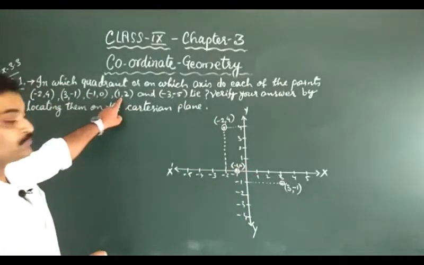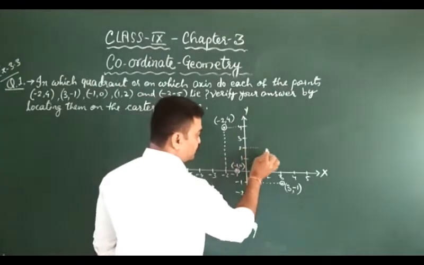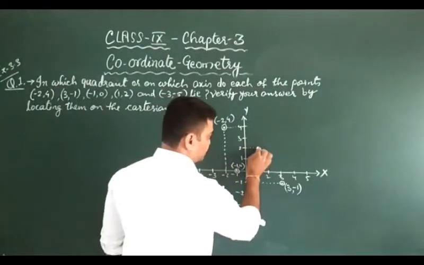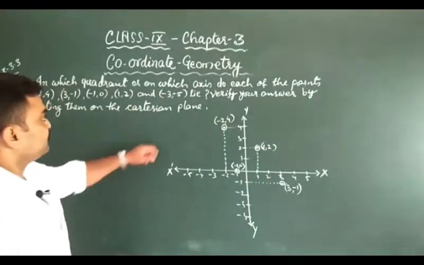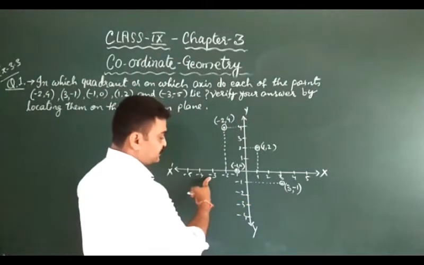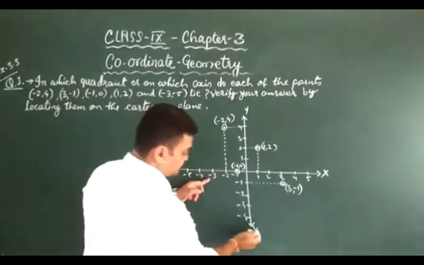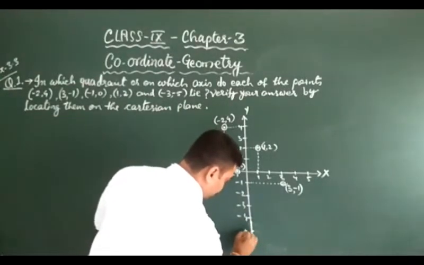Next one is 1 and 2. 1 here and 2 here. Draw two perpendiculars. This one is 1 and 2. Similarly, -3 and -5. -3 is on the x-axis here and for -5 we have to draw one more line, one more point, -5.